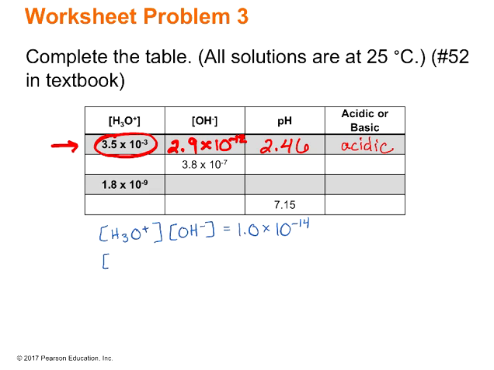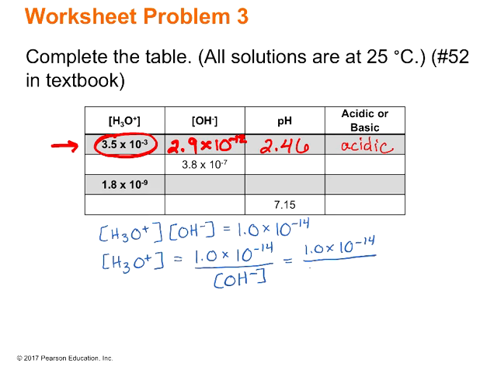And if we want to solve for the concentration of hydronium ions, we're just going to divide 1 times 10 to the negative 14th by the concentration of hydroxide ions. So once we plug this into our calculator, we should get a value of 2.6 times 10 to the negative 8th.